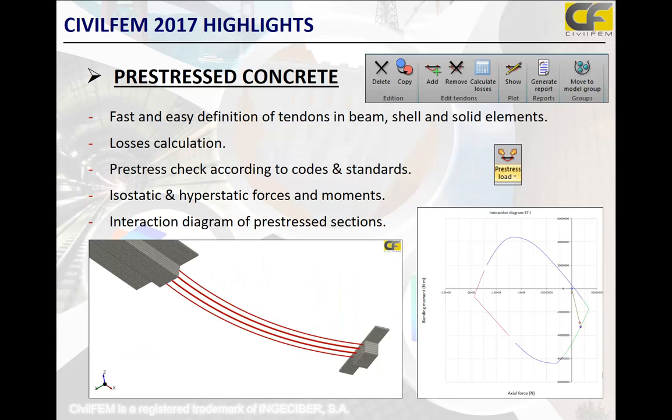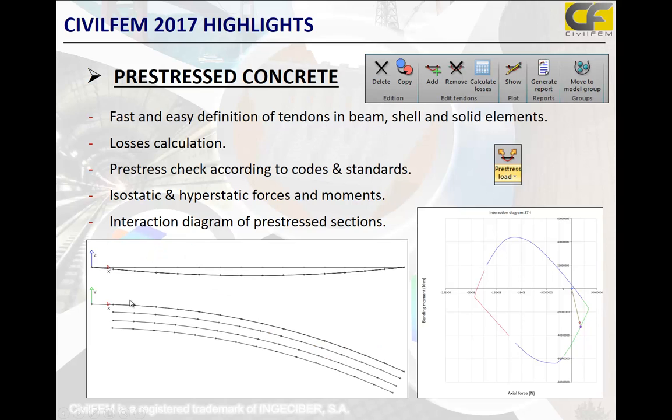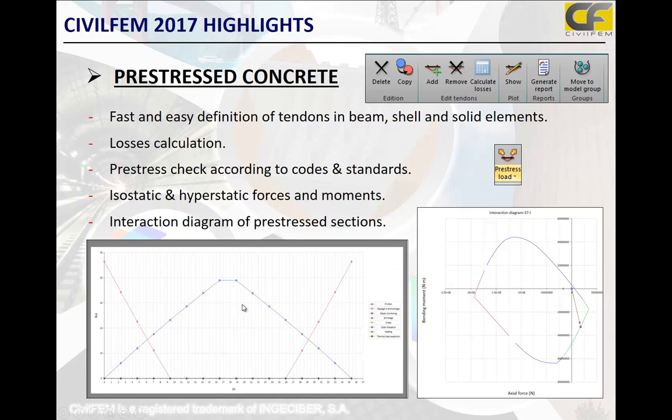One of the main improvements of this 2017 version is the definition of prestressed tendons in all types of available elements, actually beam, shell, and solid elements. Using the complete list of tools in the geometry tab in CivilFEM, we can define the path of each of our tendons, and automatically the losses will be calculated.